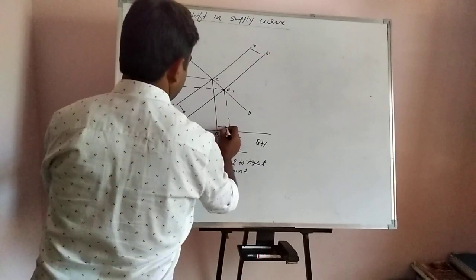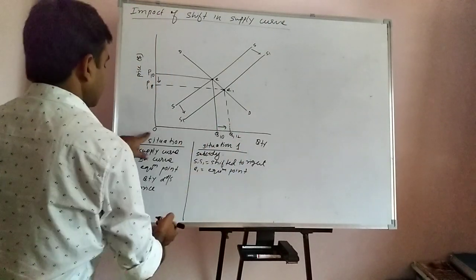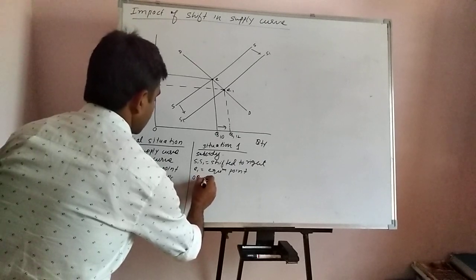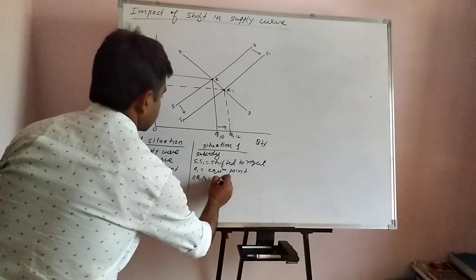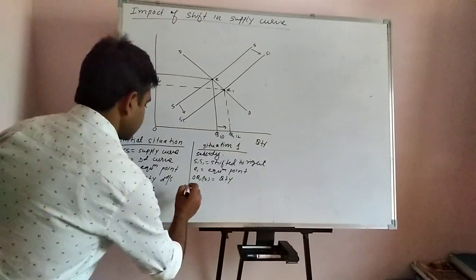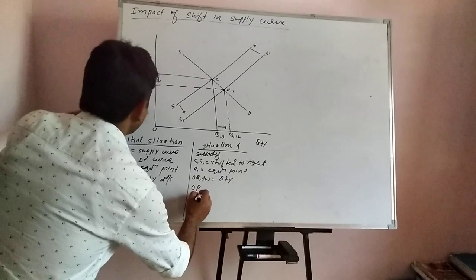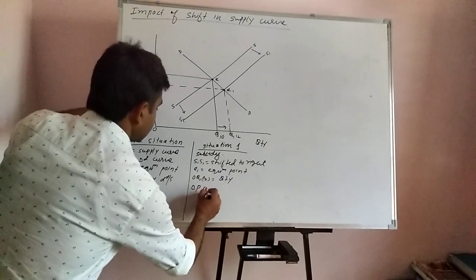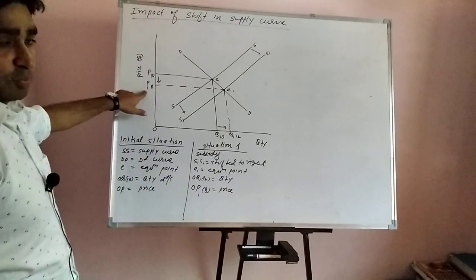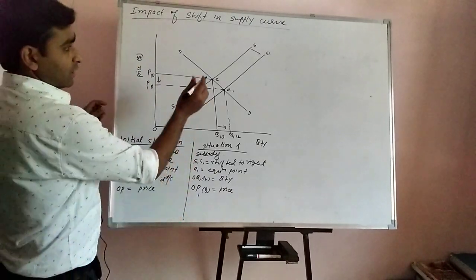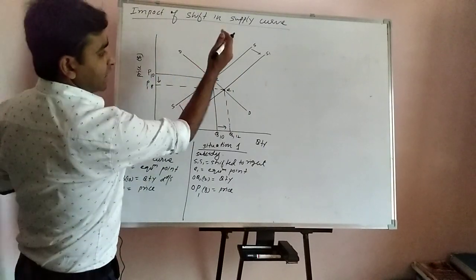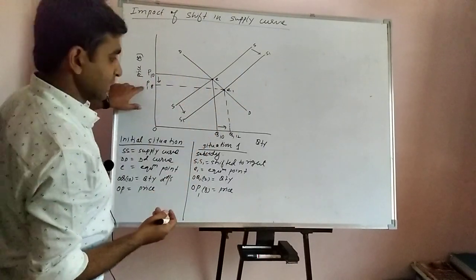And what is the impact here? 0Q1, that is 12, is the quantity. And what is the impact on the price? 0P1, that is 8, is the new price. So the price has decreased here. Clear? The immediate impact is on the price. If supply shifts to the right, the price will decrease.